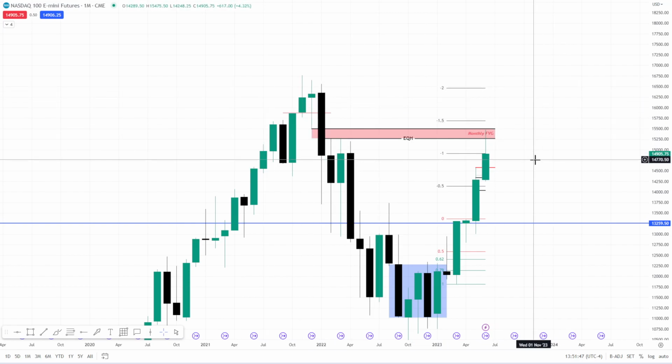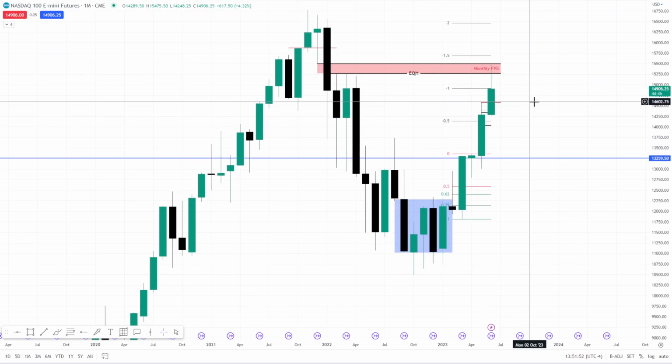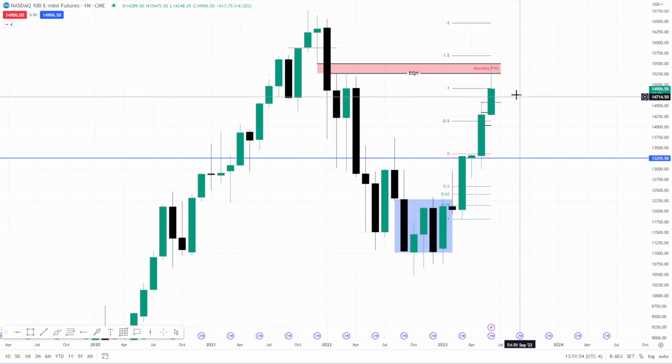Two gives us almost relative equal highs. So we could see the month come back down and then have a solid month that takes us higher.